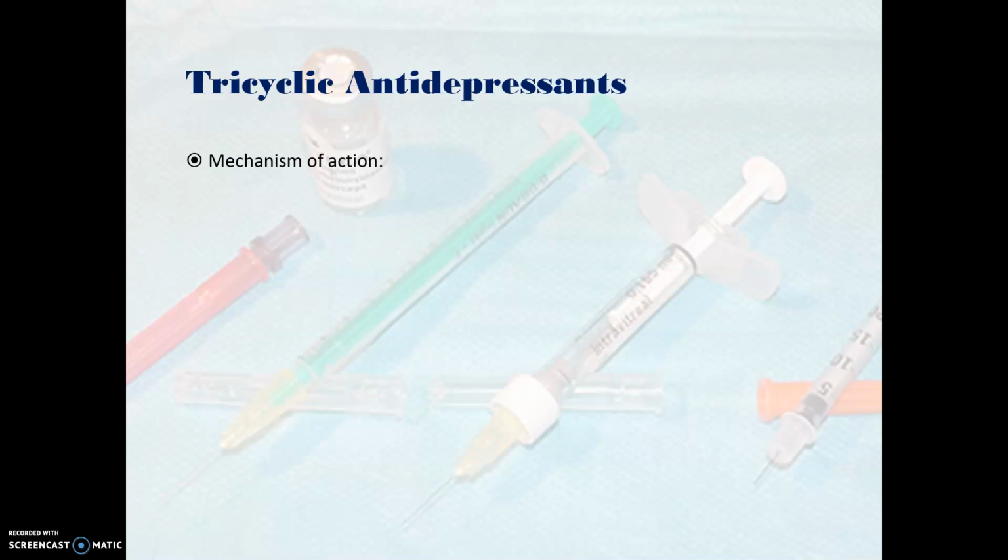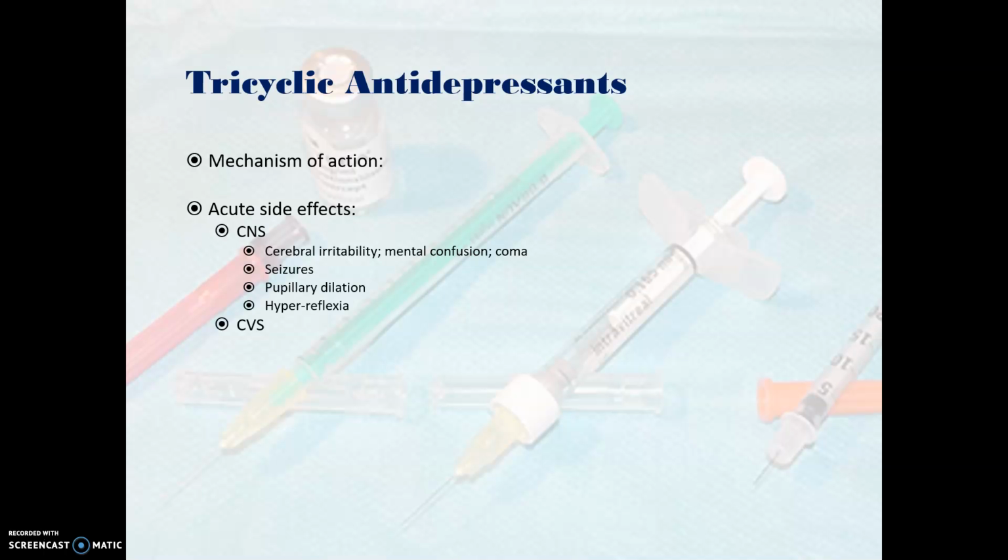What about the tricyclic antidepressants? These drugs have acute side effects on the CNS, including cerebral irritability, mental confusion and coma, seizures, pupillary dilatation, hyperreflexia, and cardiovascular effects including tachyarrhythmias.